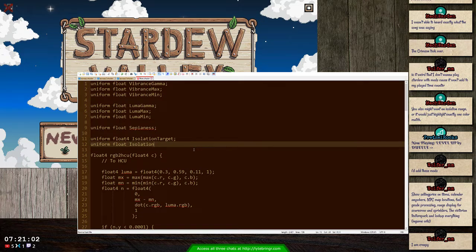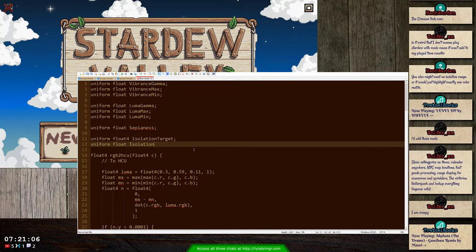I want it to be a relatively smooth thing. And so I think this might need to be another 3 parameters. Might be 4.